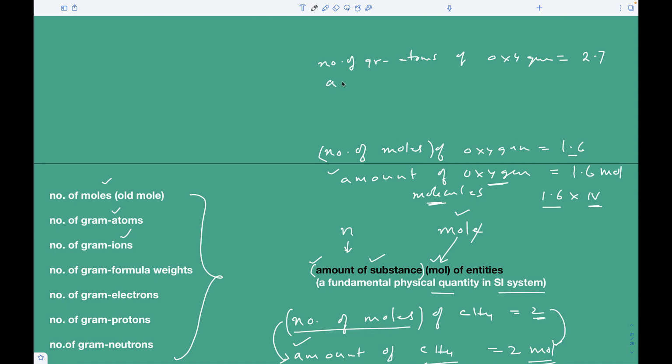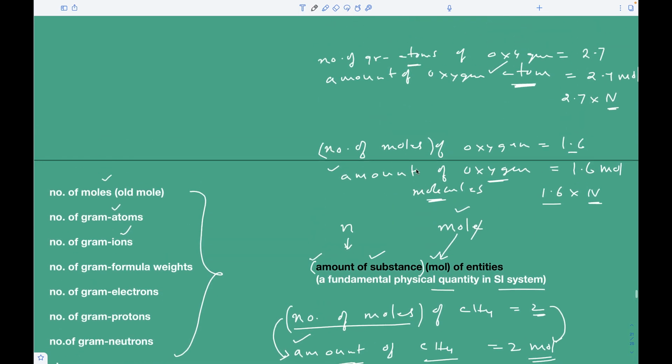You must say amount of oxygen atoms, because in the original sentence we have gram atoms, so you are talking about atoms, right? That is why you have to clearly indicate that you are referring to atoms by saying amount of oxygen atoms is equal to 2.7 mole. That means you are saying you have 2.7 times an Avogadro's number of oxygen atoms.